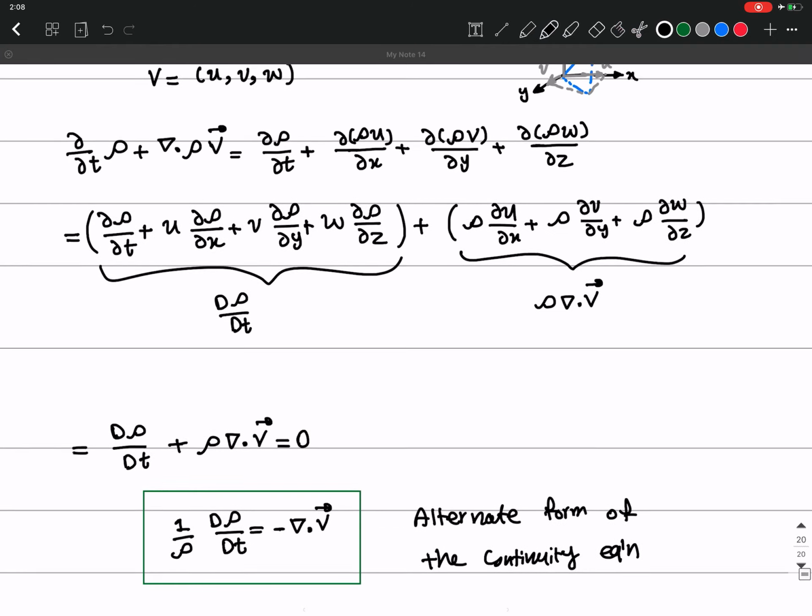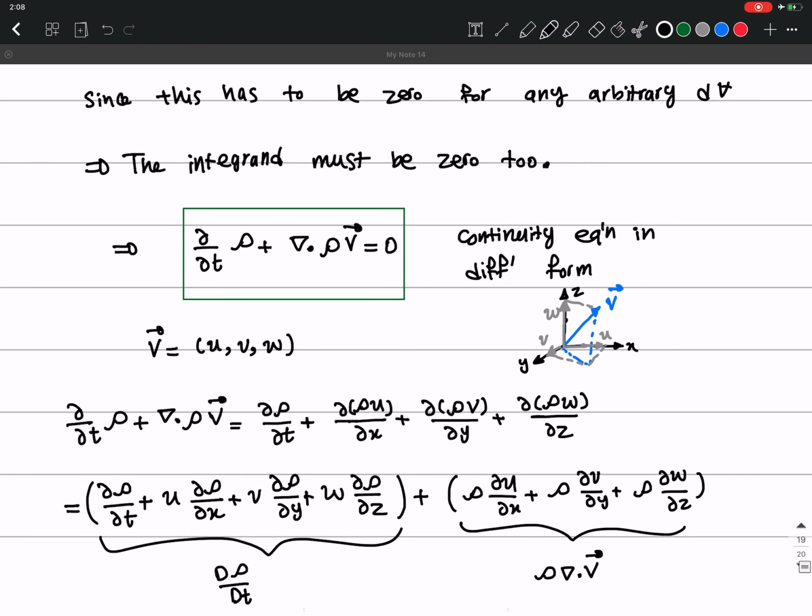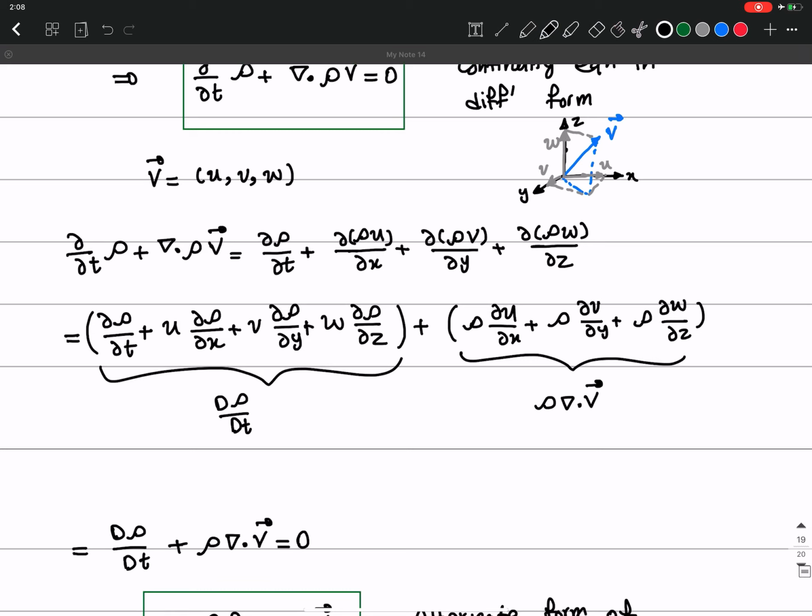This means that, based on this equation that you have here, you might have a flow where partial rho over partial x is not 0, but your flow is somehow incompressible because the other terms make the whole d rho over dt 0.